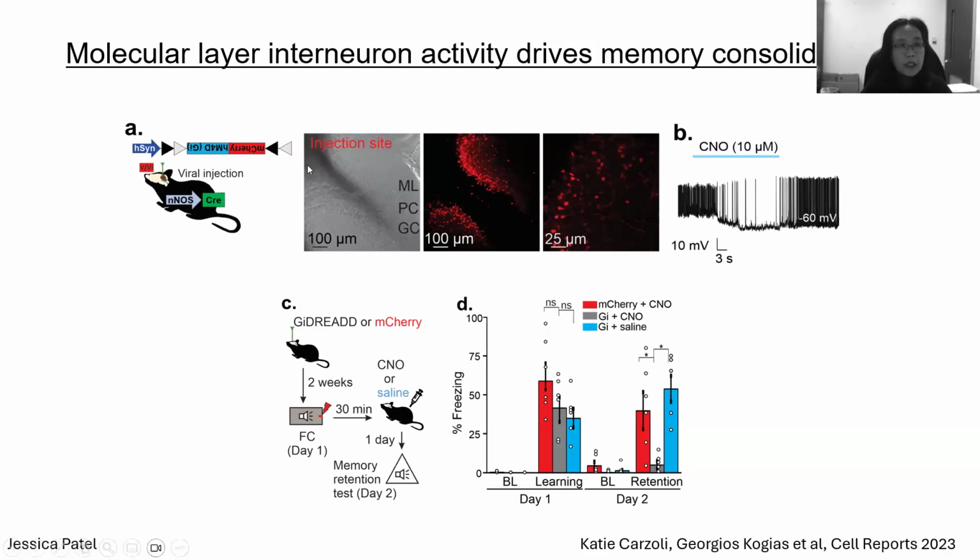She will inject the GI dread virus into lobules 5 and 6 within the vermis. After 2 weeks, she will prepare the slice, and she can show that the mCherry is only expressed in this part. It's the molecular layer interneurons.